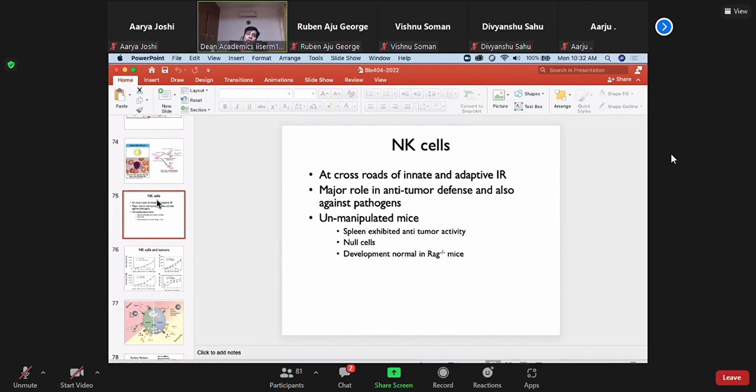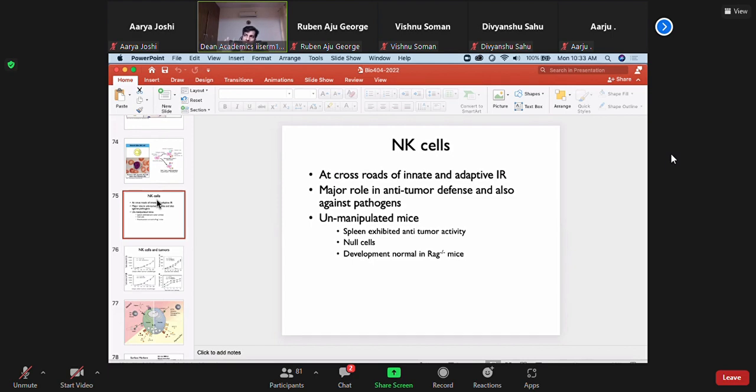Now, these two things eliminate T and B cells as the source of this activity which you recover from a naive, normal spleen collected from a mouse which has not been injected with anything, which has not been infected, which is not developing a tumor. So to which cells do you attribute this anti-tumor activity, and how do you explain it?